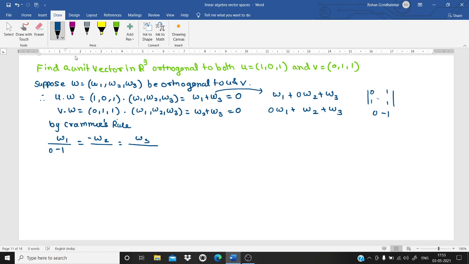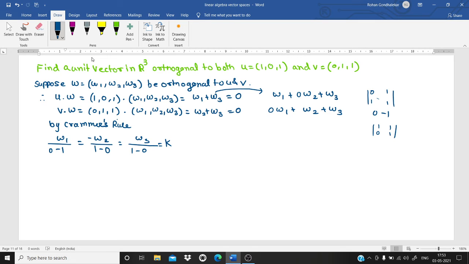Now this is for w2. Delete the middle column and select the coefficients of w1 and w3, which are 1, 1, 0, 1. If you solve this determinant, we get 1 minus 0. And for w3, you skip the coefficients of w3 and select w1, w2 from both equations, which again gives 1 minus 0. This implies that the ratio in Cramer's rule is constant, equal to some value k.